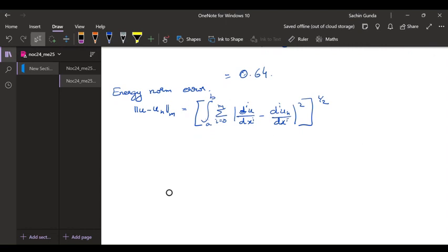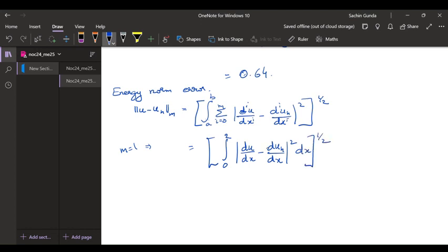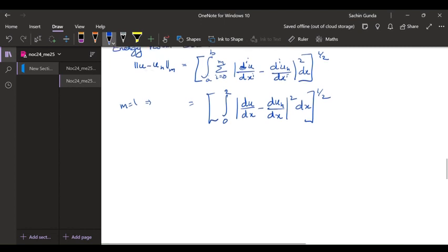In our case, the order of derivative is 2, so m is equal to 1. So we need to find the first order derivatives in this case, and the limits are from 0 to 2. Our domain is from 0 to 2, and m is 1, and it will be the integral of du by dx minus duh by dx whole square dx, power 1 by 2. So for this bar problem, this is the energy norm.